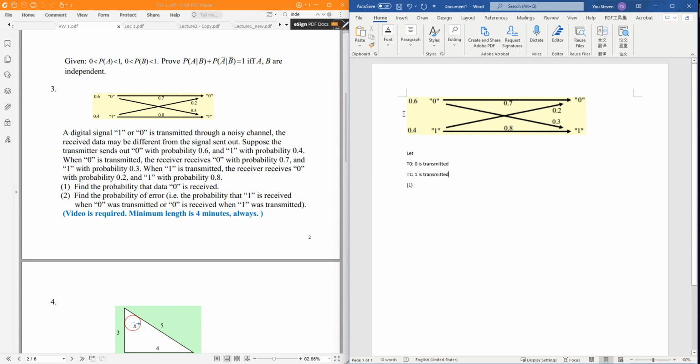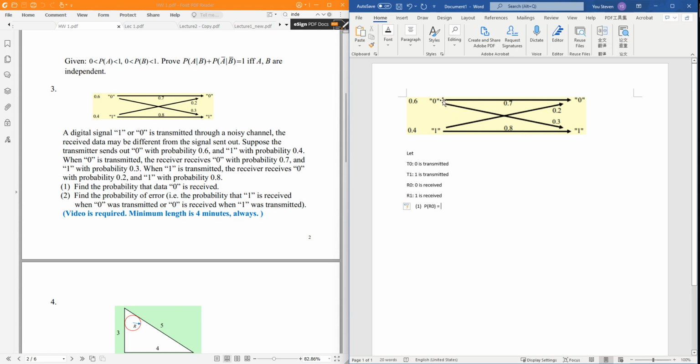So T0 and T1 is this side, and R0 is 0 is received, R1 is 1 is received. Okay, so R0 and R1 is this receiver side. So we need to find out the probability that data 0 is received. So it's R0, data 0 is received.